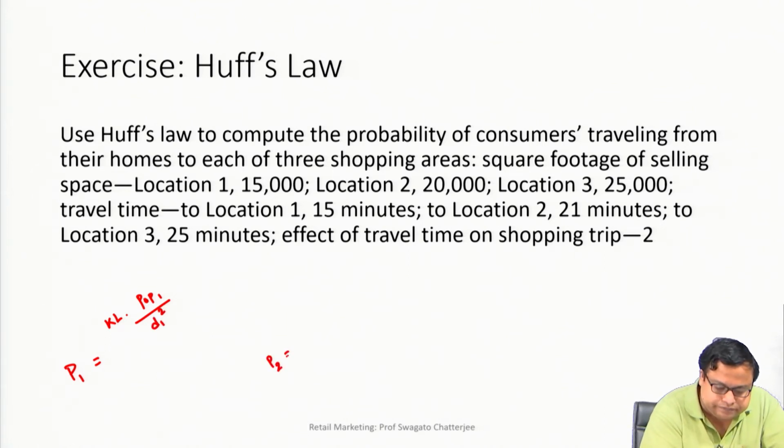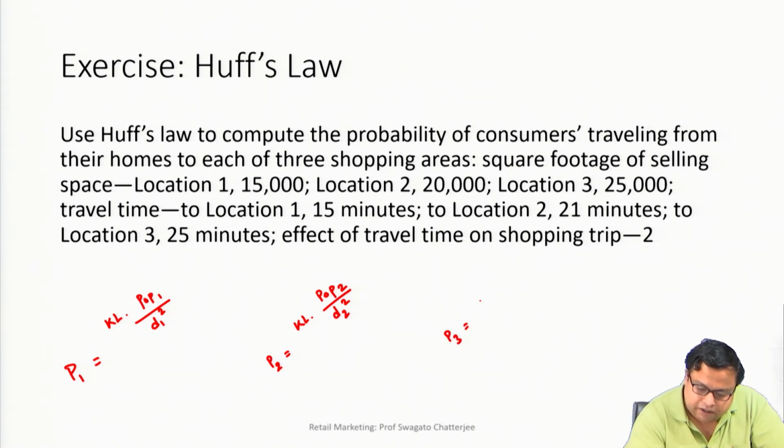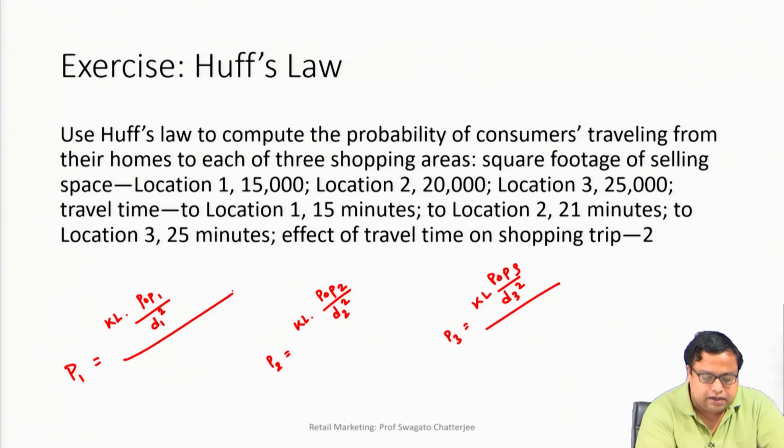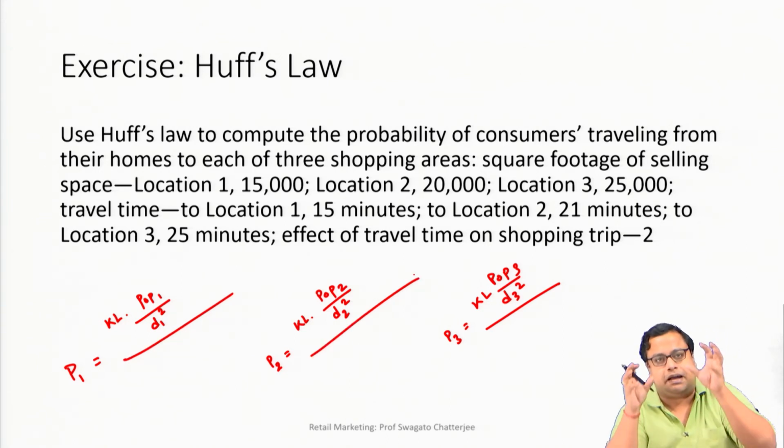Probability of 2 will be KL population of 2 divided by distance of 2 squared, and P3 will be KL population of 3 in the numerator, by distance of 3 squared. Then what will be in the denominator? The denominator will be the summation of these numerators.